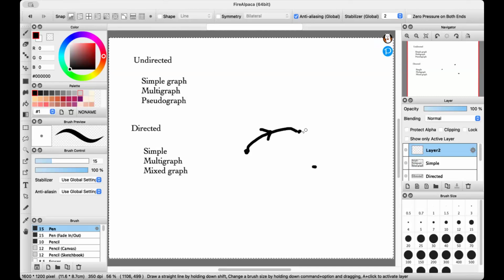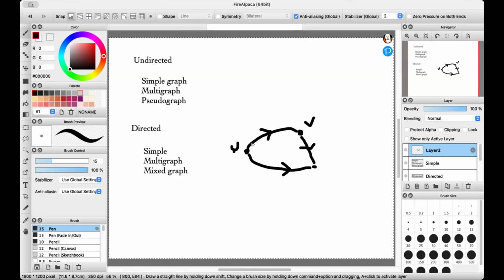So this has to be an ordered pair. If this is vertex U and this is vertex V, you have to go from U to V. And every edge in a simple directed graph has to have the direction.